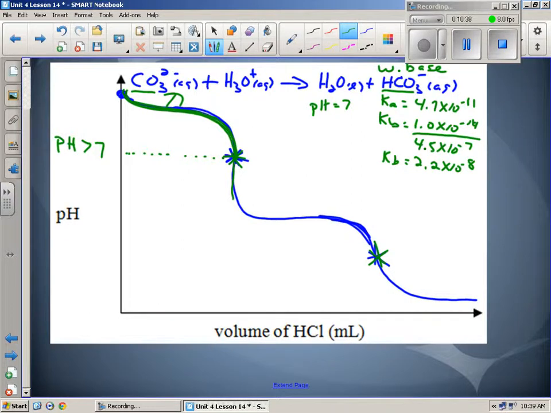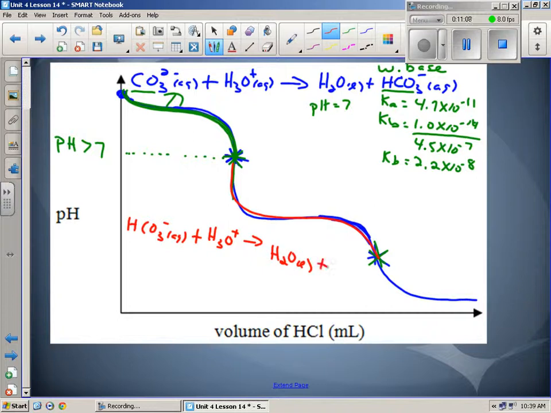From this point to this point here, I'm worried about HCO3 minus, aqueous, my weak base, reacting with my acid, H3O plus, still adding the H3O plus from the burette. Haven't changed that, still adding HCl from the burette, still coming down. And that would give me some water.